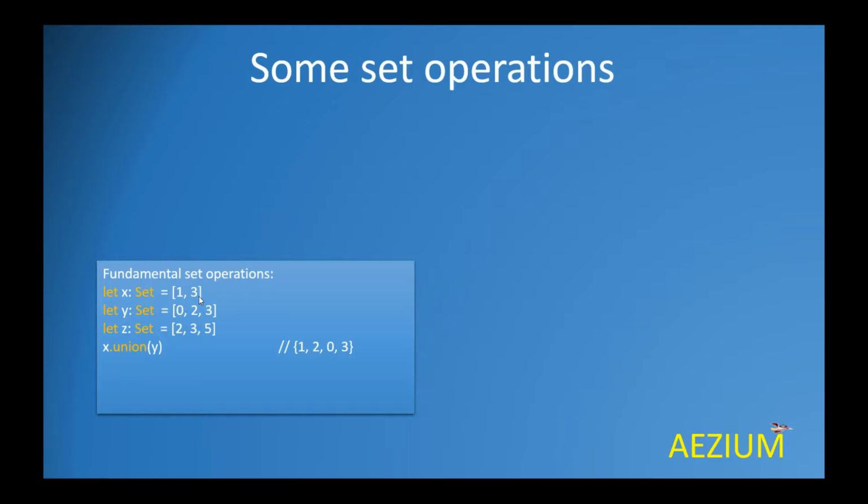So we will get 1, 2, 0, 3, and the return value here is another set. So again, the order is of no importance. Notice that I'm showing curly brackets here to indicate that we are dealing with a set and not an array. Also notice that when we do the union, both x and y contain 3, but in the case of sets, we are not allowed to have repeat values, so we only insert 3 once in the outcome of this union operation.